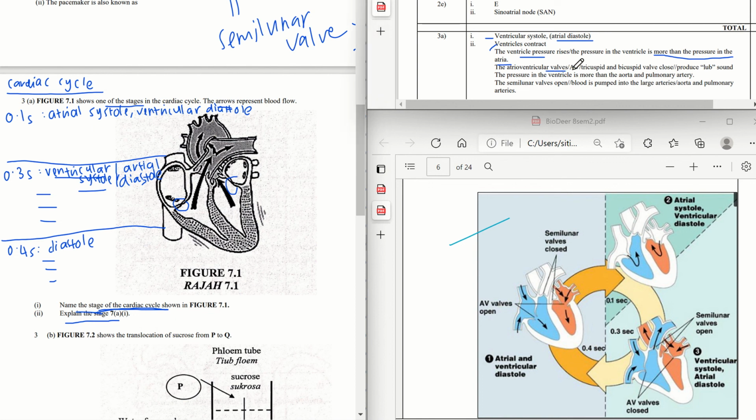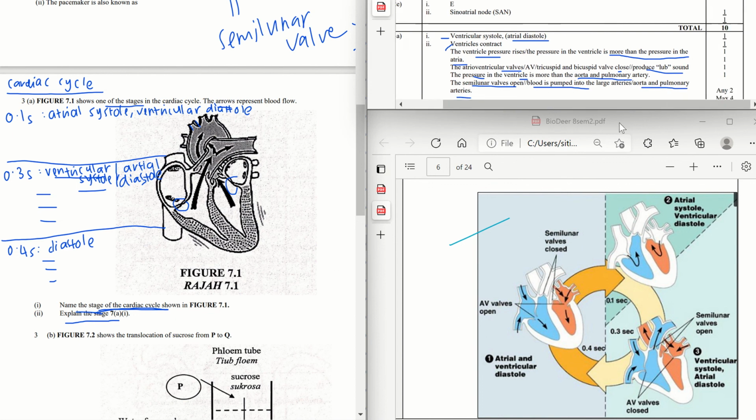So AV valve close, produce lub sound. Okay. And then what happen? Blood akan enter aorta. Tengok ni ada 3 cabang, and as well as pulmonary artery. Okay. Pressure in ventricle is more than aorta and pulmonary artery. So semilunar valve open and blood is pumped into aorta and pulmonary artery.